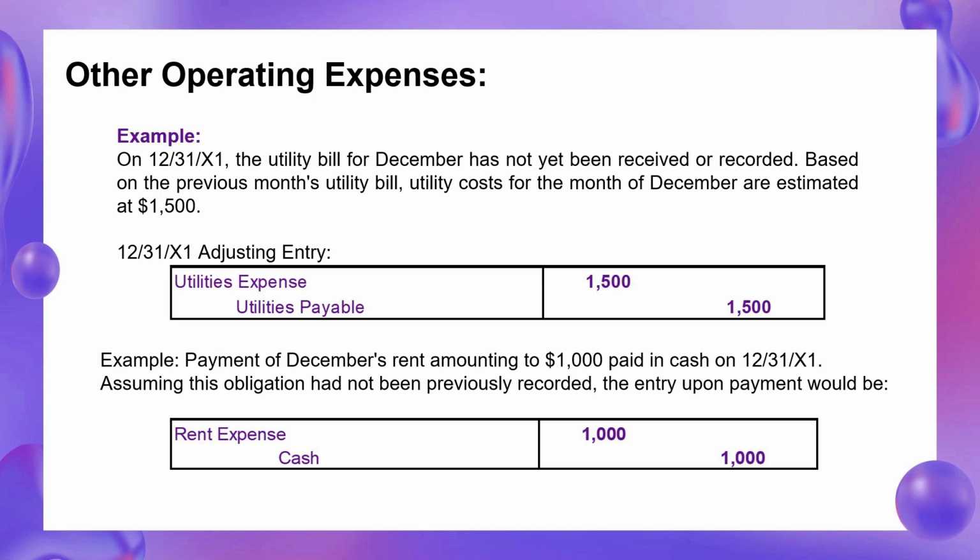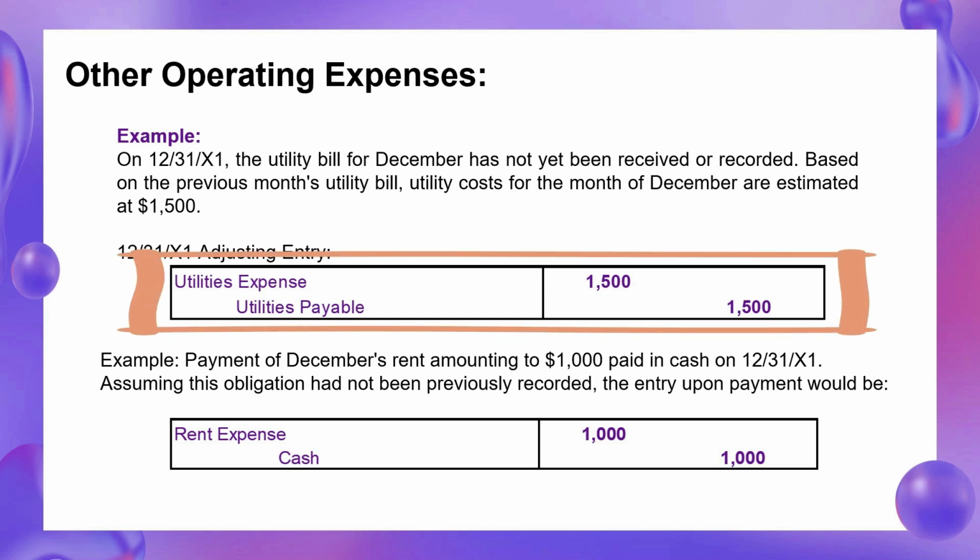In that case, what are we to do? The answer is that we would probably go ahead and try to estimate that utility bill and what the cost would be. If in fact we have reason to believe that it will be about the same as last month, which was $1,500, it would be totally appropriate and probably actually necessary under the matching principle to debit utilities expense for $1,500 and credit utilities payable.